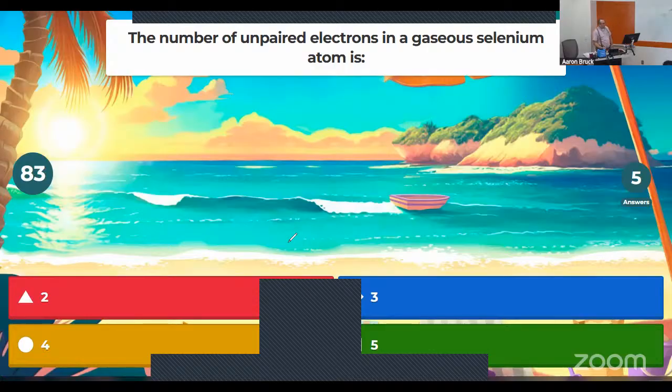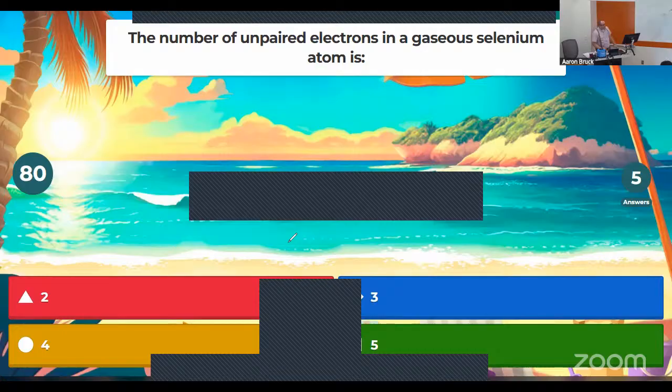Now, this is a great place to get bogged down into unnecessary details.